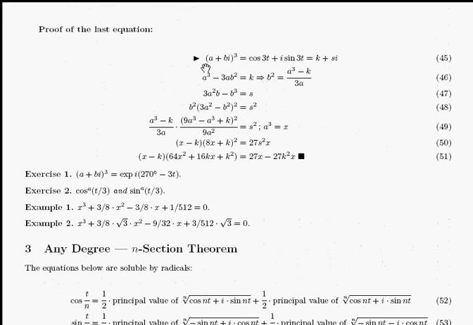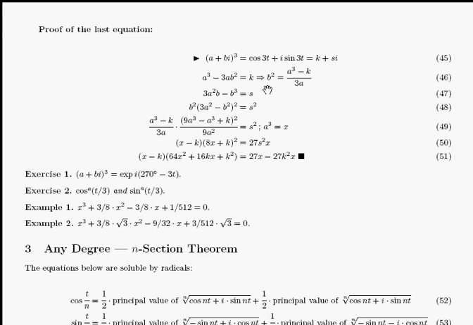Who is a plus bi to the power 3? Cosine of 3t plus I sin of 3t. The first is k. The second is s. a3 minus 3ab2 is k. 3a2b minus b3 is s. This is a system.